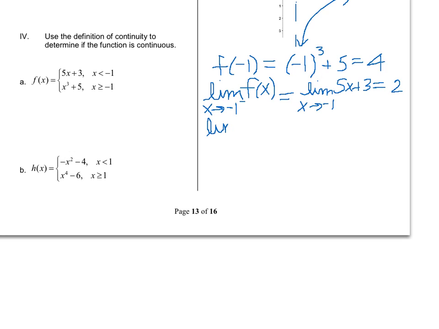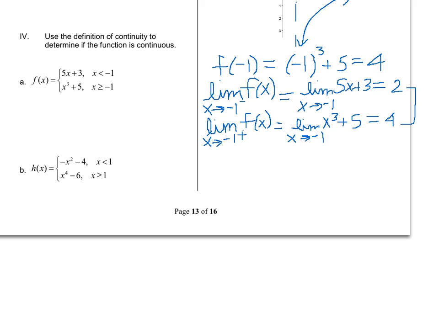So the limit from the left is 2. The limit from the right, we've actually already done, believe it or not. From the right, we're going to be using the bottom function, but we've already substituted and plugged that in, and we've already found that that is 4.